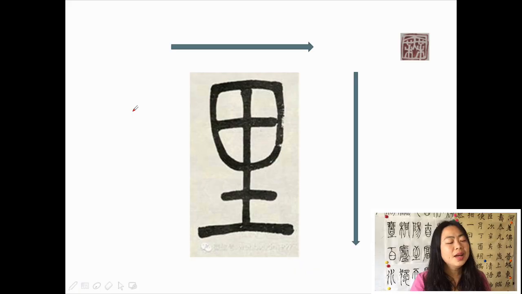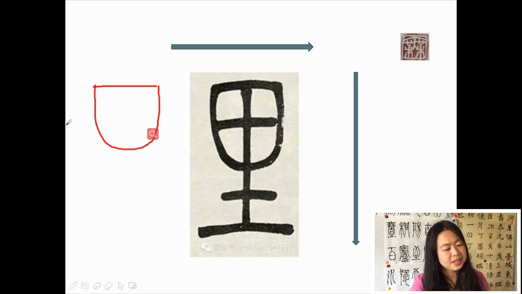So what do you think of this character? How do we write it? The first one is from the top to the bottom. I will write this stroke first. And then these two strokes. Be careful, we need to make the connection perfect. And then the middle line, average space, middle point, symmetry.